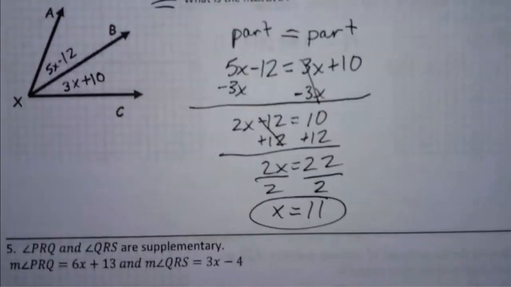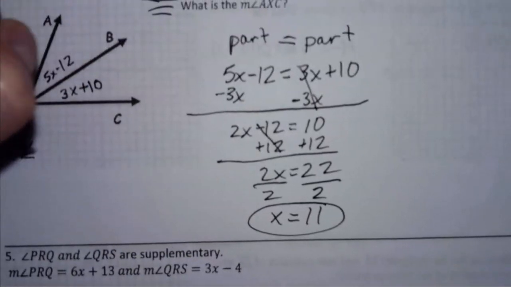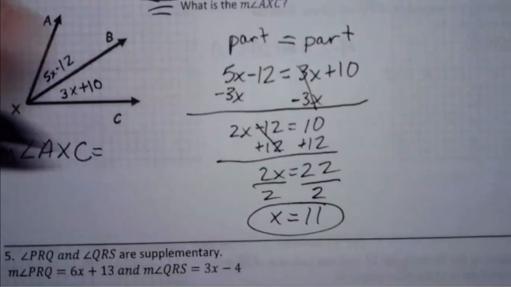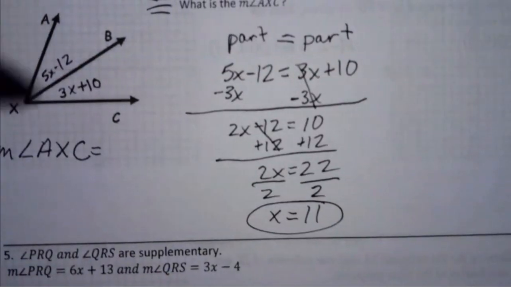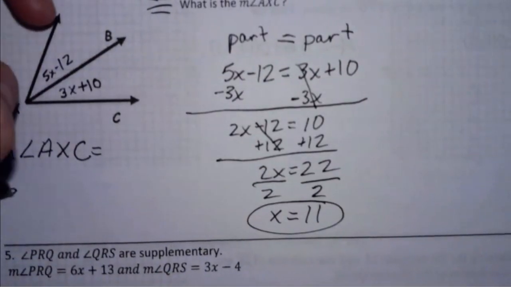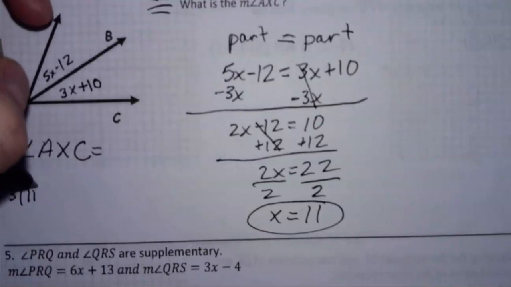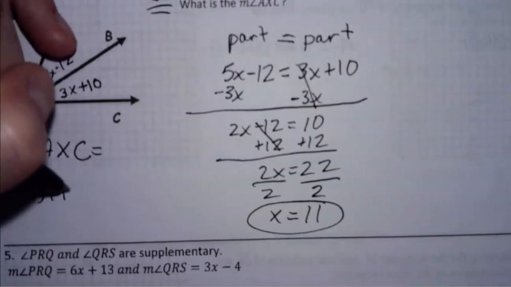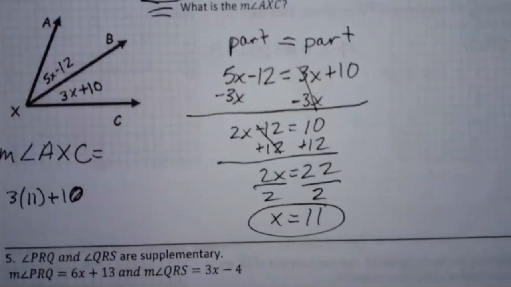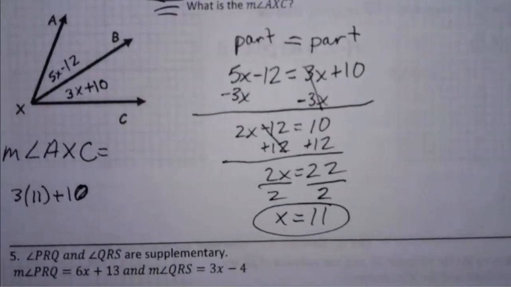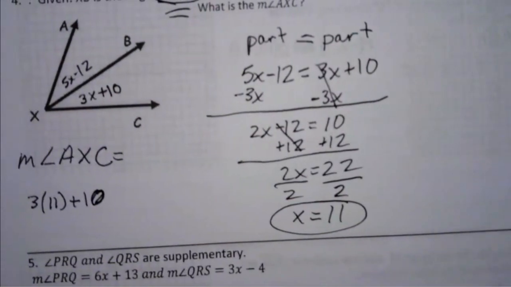So x is 11, but it wants the measure of angle AXC. So what I'm going to choose to do is take 11 and plug it into just one of them. It doesn't matter. One way to check your answer is to plug it into both of them and make sure they're equal. That is a good way to check it.